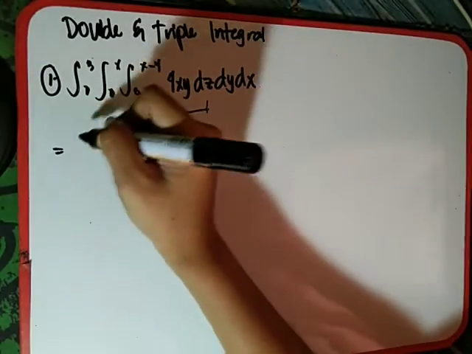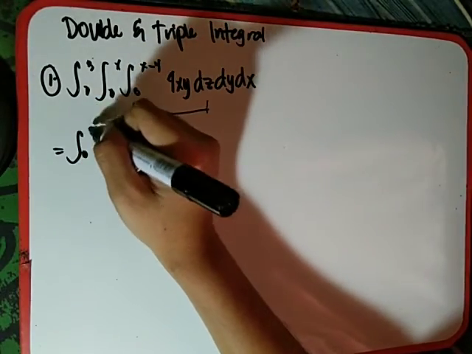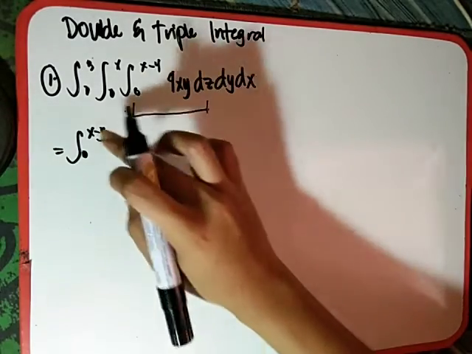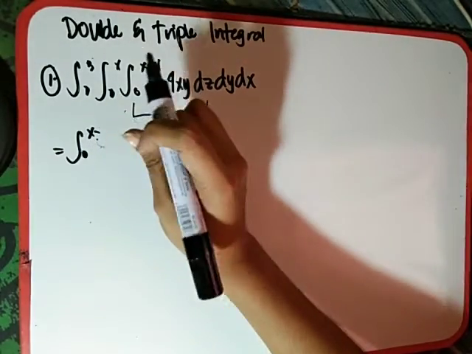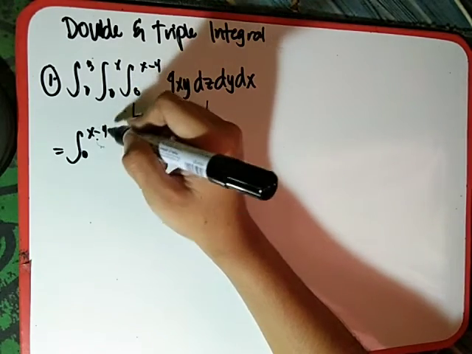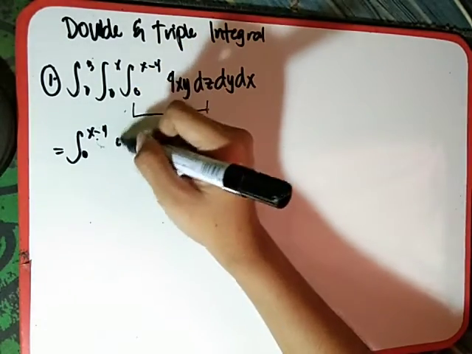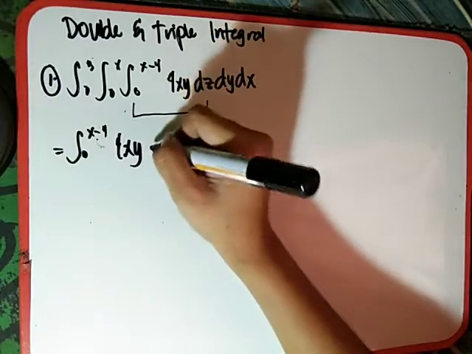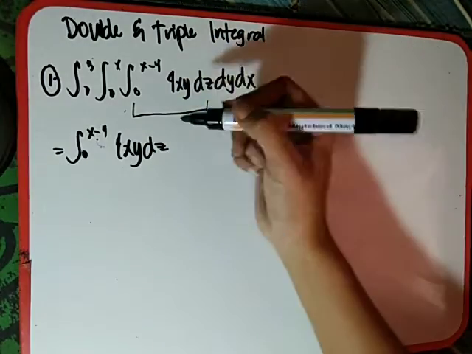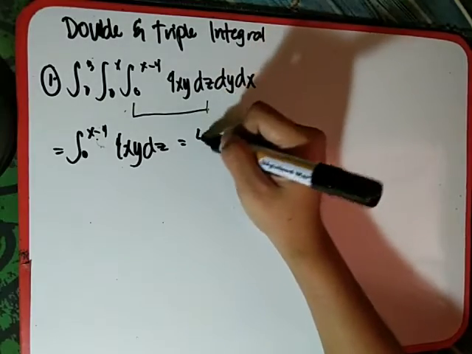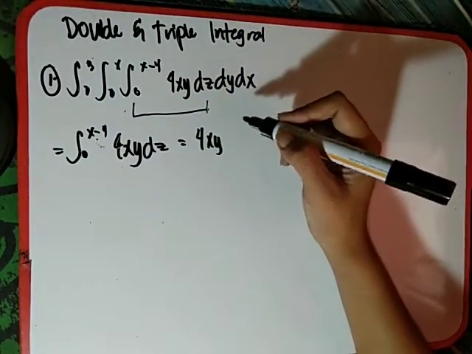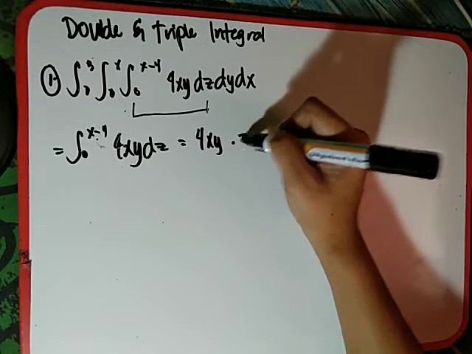So we have 0 to x minus y, 4xy dz is equal to 4xy multiplied by z.